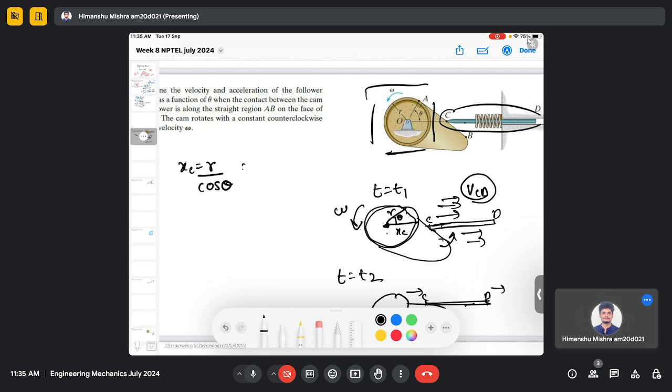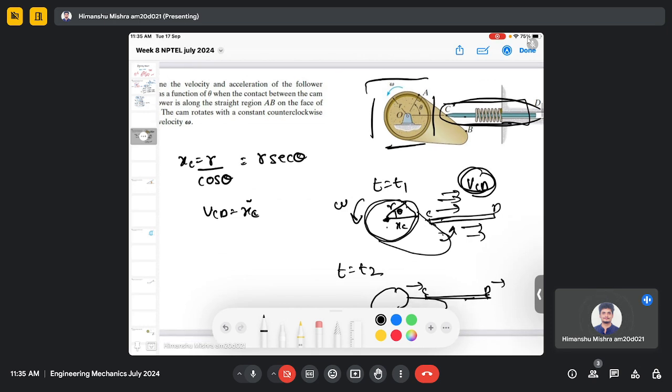So it's basically r sec theta, and we know that this bar CD is moving with the velocity VCD, which is xc dot, and the acceleration of bar CD will be x double dot c.